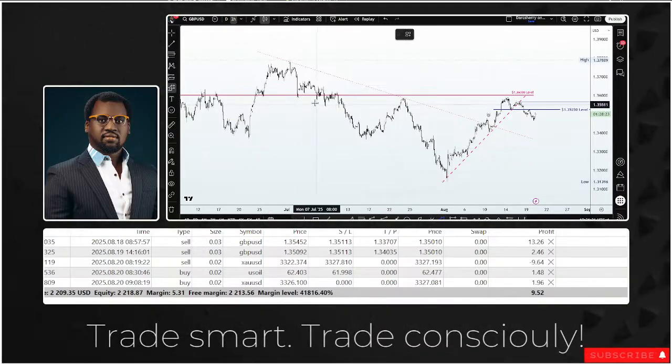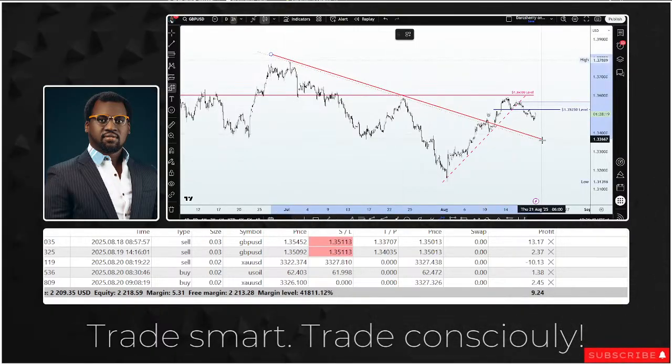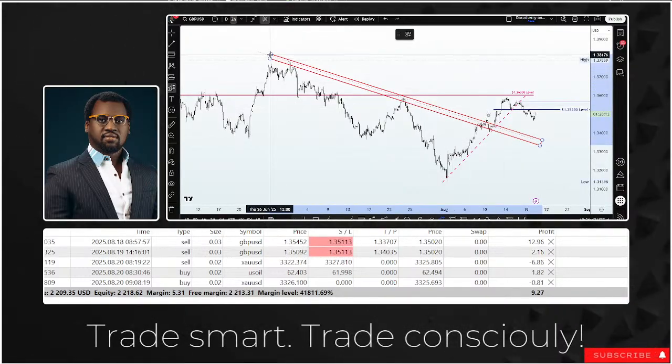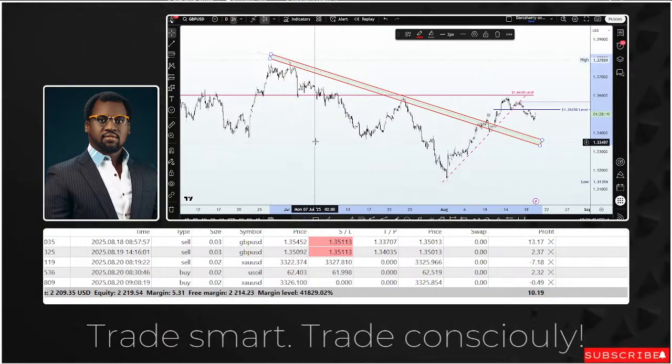From what we have here on this 4 hours time frame, you will see that the price of the pound sterling has been dropping. Yes, we saw a series of lower highs, and when we connected the series of lower highs, what did we see? We had a descending trend line that will be guiding our trading decision.